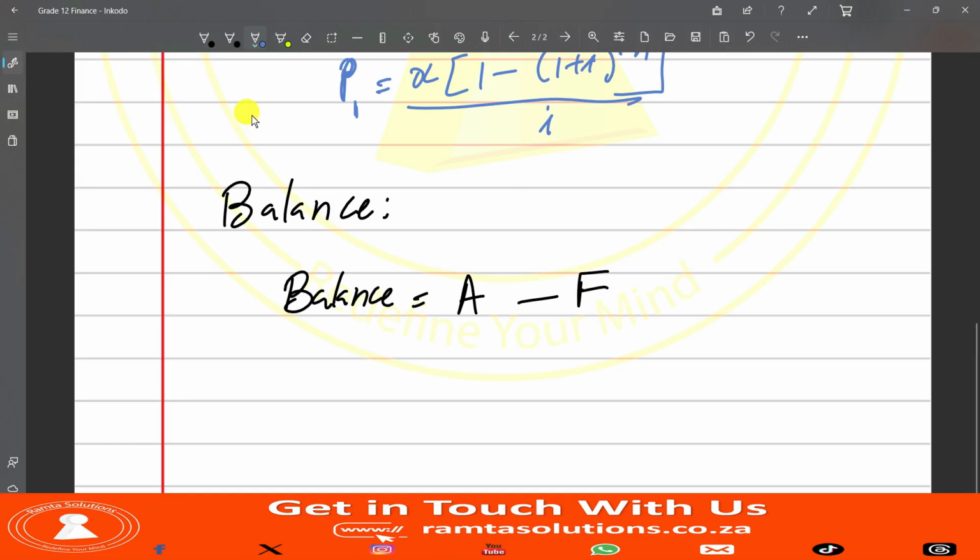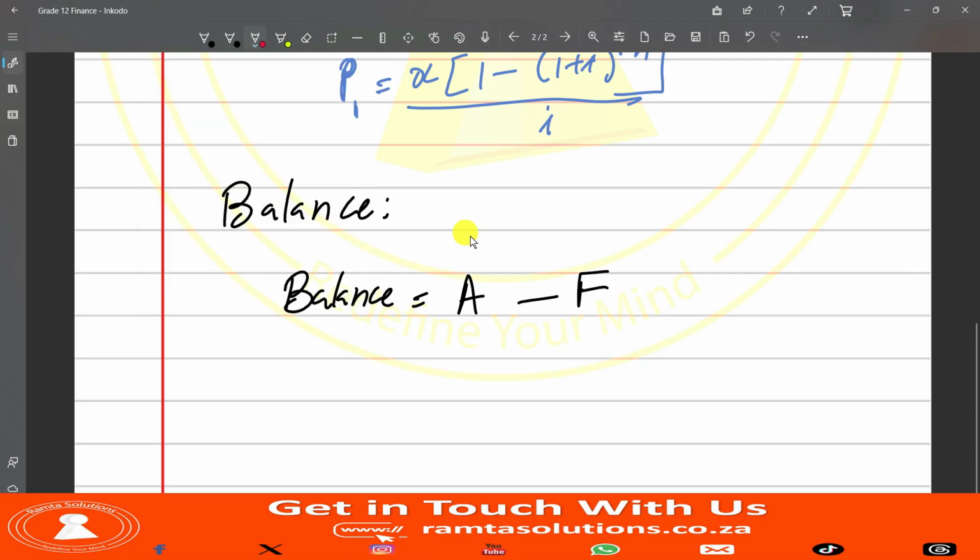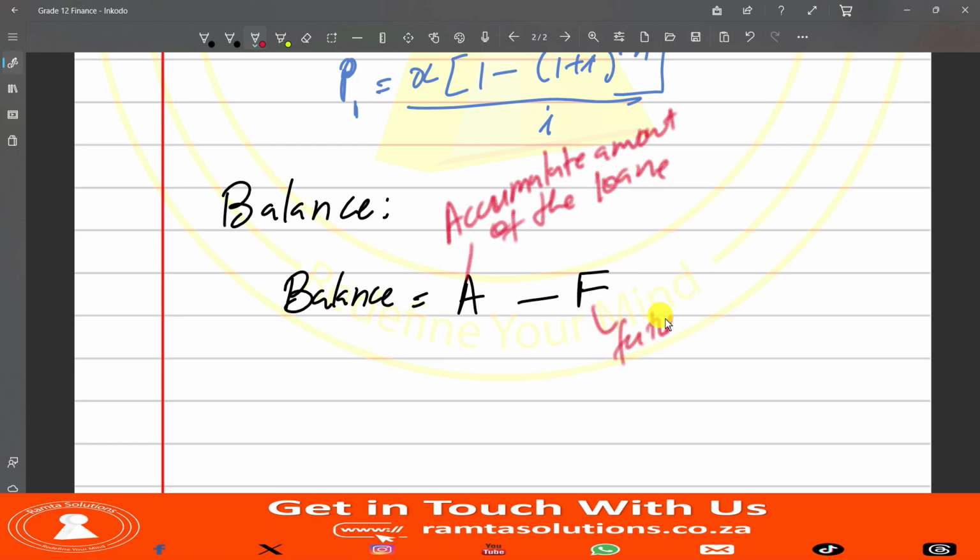This is the accumulated amount of the loan amount, and this one is the future value of the payments.